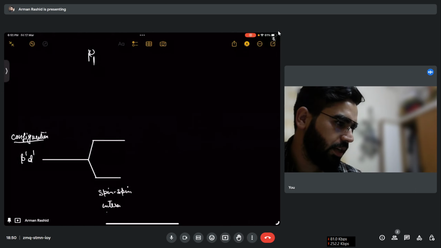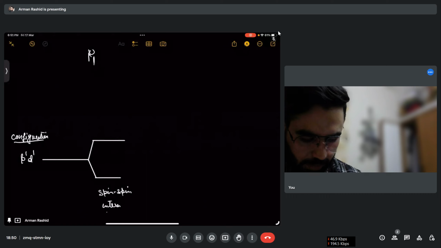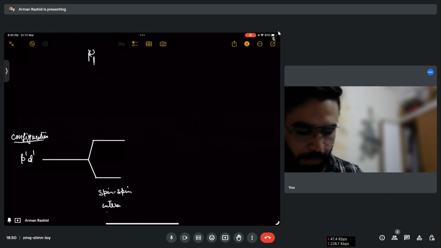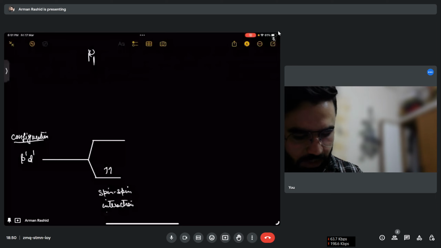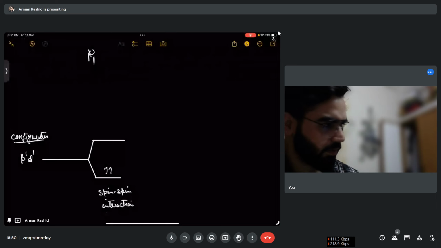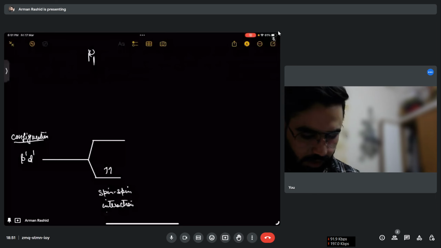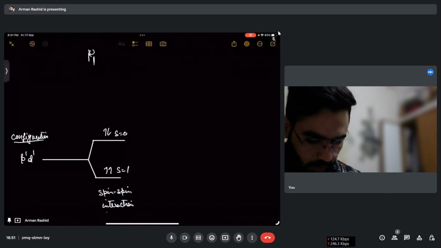Because of the spin interaction, you will have either a triplet where S is 1, or a singlet where S is 0. The triplet is more stable. Then we'll have the spin orbital interaction.